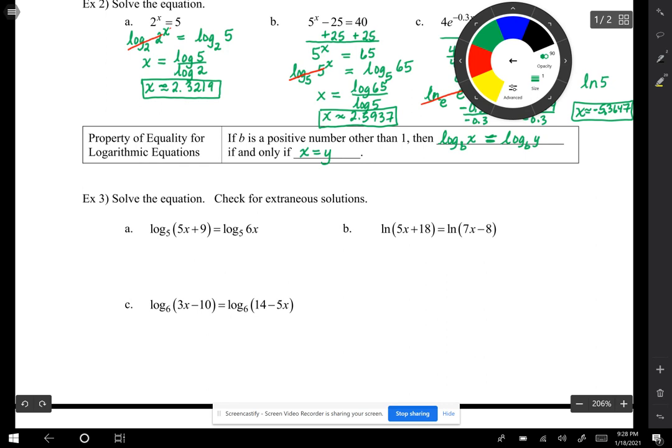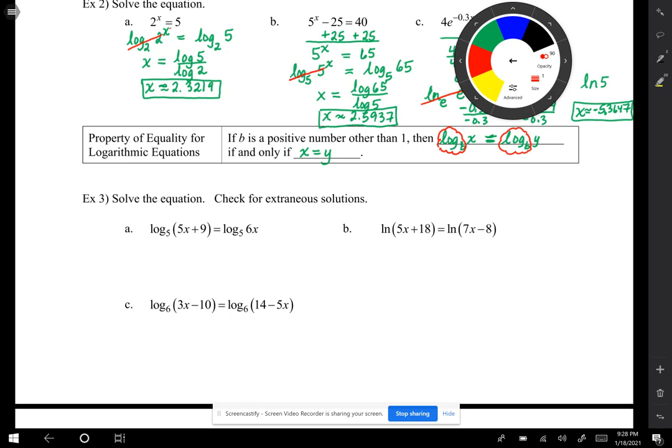So again, if you pay attention here, these are identical. And when those are identical, x equals y must be true.